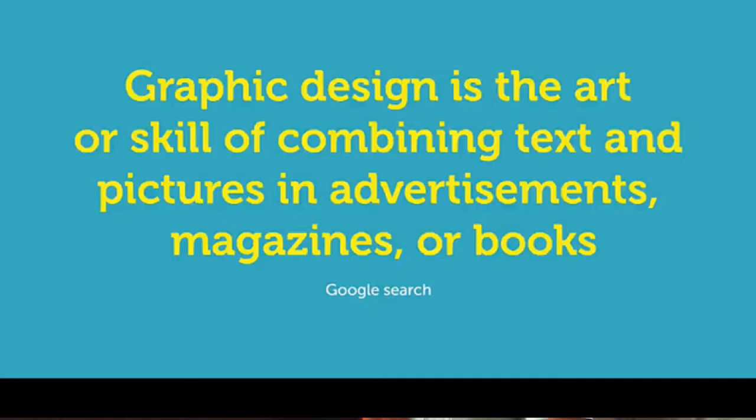Graphic design can be defined as the art or skill of combining text and pictures in an advertisement, magazine, or books. Hope you understand the definition. I said graphic design is the art or skill of combining text and pictures in advertisements, magazine, or books. Hope I made myself clear.